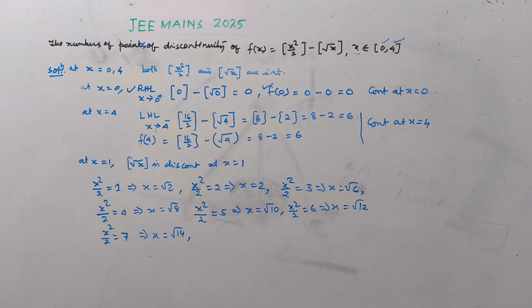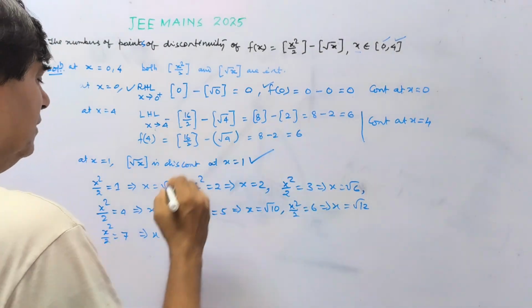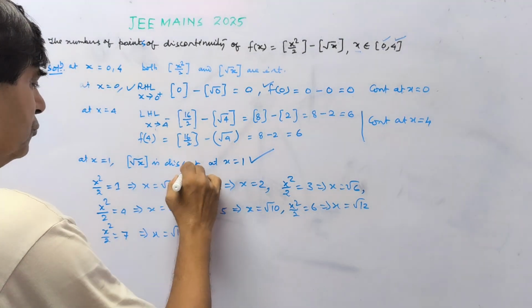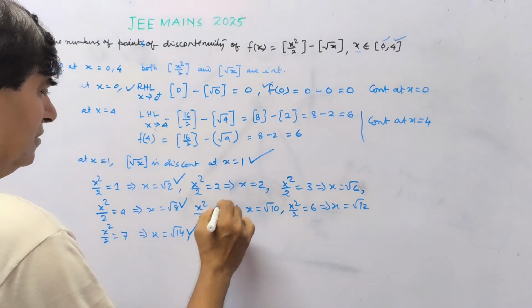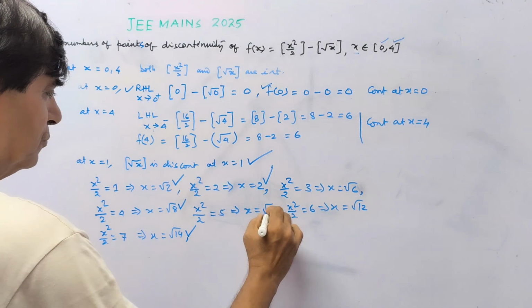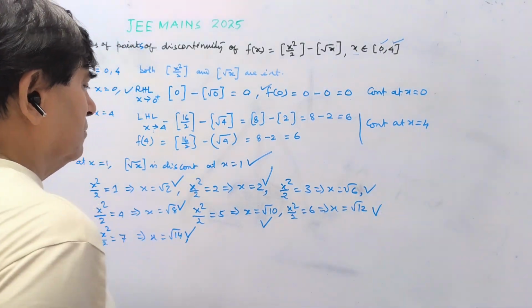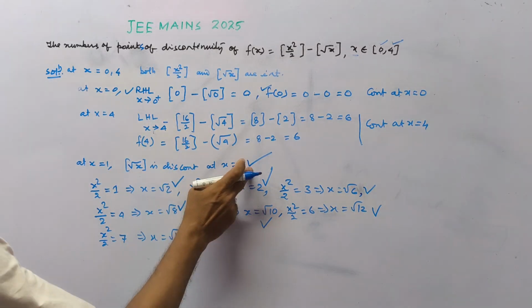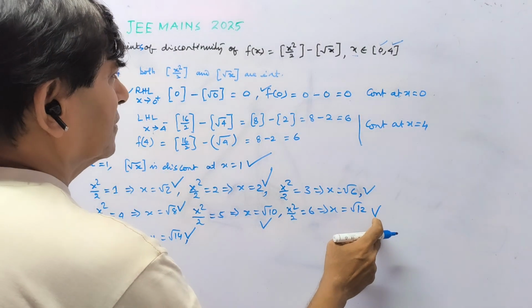So the points of discontinuity are x is equal to 1, root 2, root 8, root 14, this is 2, this is root 10, this one is root 6, this one is root 12. So count this one: 1, 2, 3, 4, 5, 6, 7, 8.